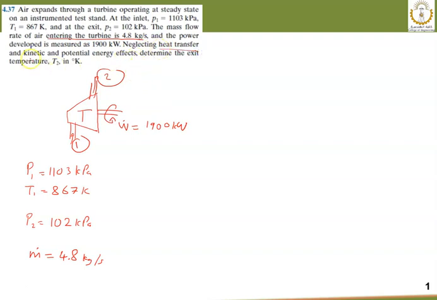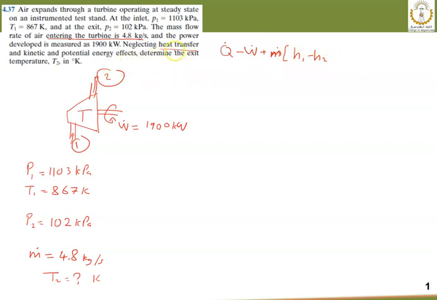Neglecting heat transfer and kinetic and potential energy, determine the exit temperature T2. So we need to find what is T2 in Kelvin. This is straightforward. If you write the energy equation, Q dot minus W dot plus m dot (H1 minus H2), we are using this form because we have only one inlet and one outlet, so we can combine the inlet and outlet in one bracket.